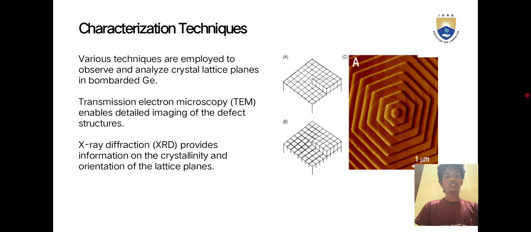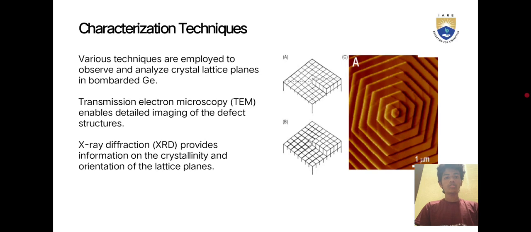Characterization techniques. Various techniques are employed to observe and analyze crystal lattice planes in bombarded germanium.